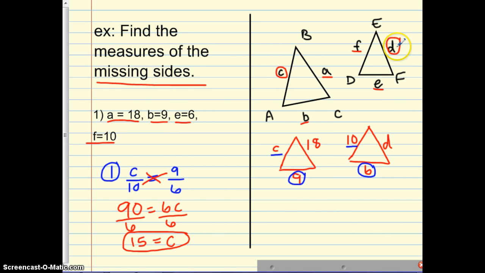Now we're going to find the other one, which is side D. For D, we're going to want 18 over D. And since we went from here to here, we can do 9 over 6 again.